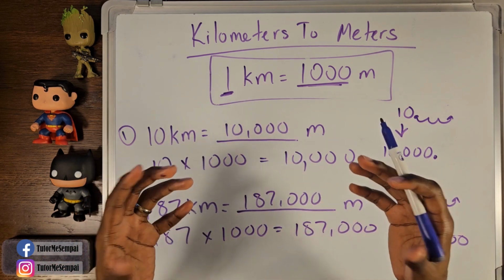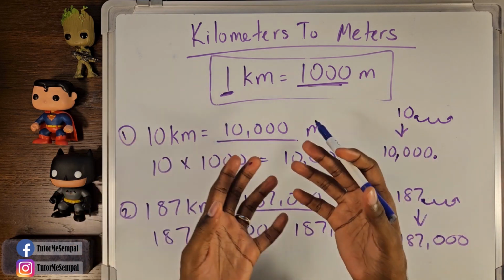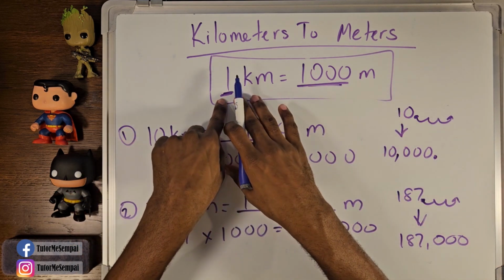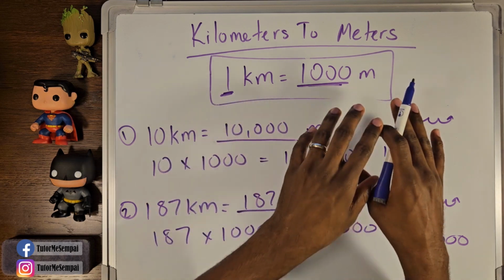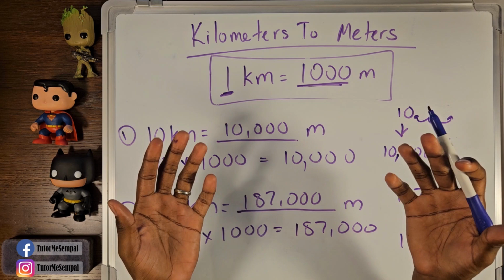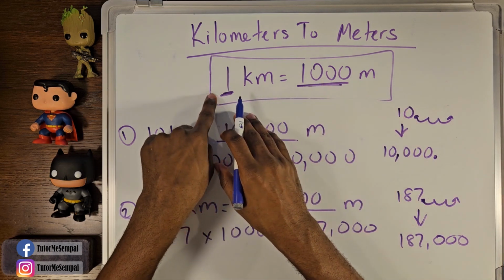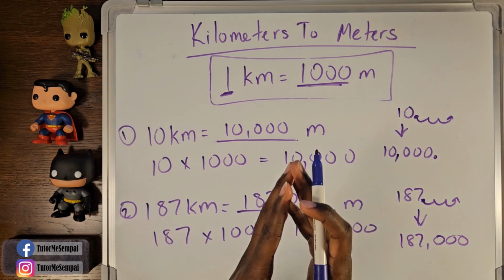And when I think about getting bigger, I'm thinking about multiplying. I multiply in order to get a bigger number. So when I'm converting from kilometers to meters, I go from a smaller number to a larger number. I want to multiply.